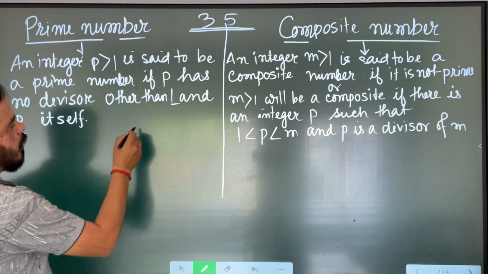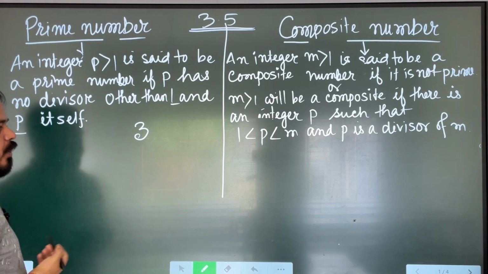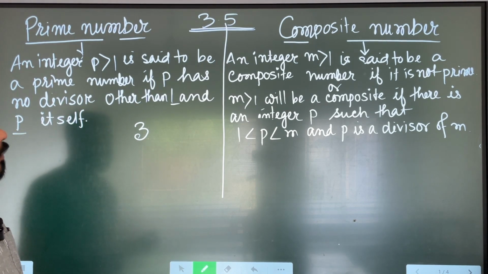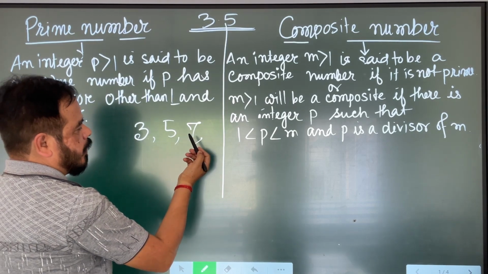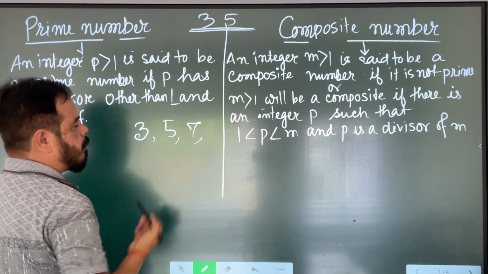Suppose, for example, the number 3. 3 is a prime number, 5 is a prime number, 7 is a prime number. Why are 3, 5, 7 prime numbers?